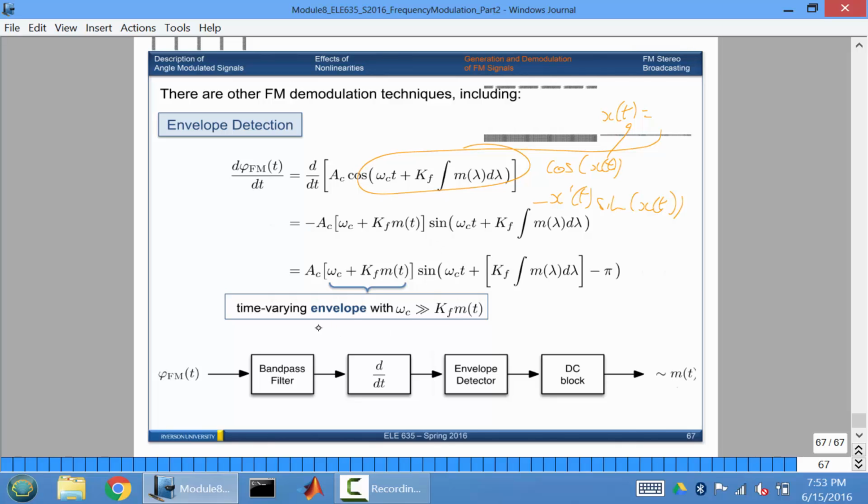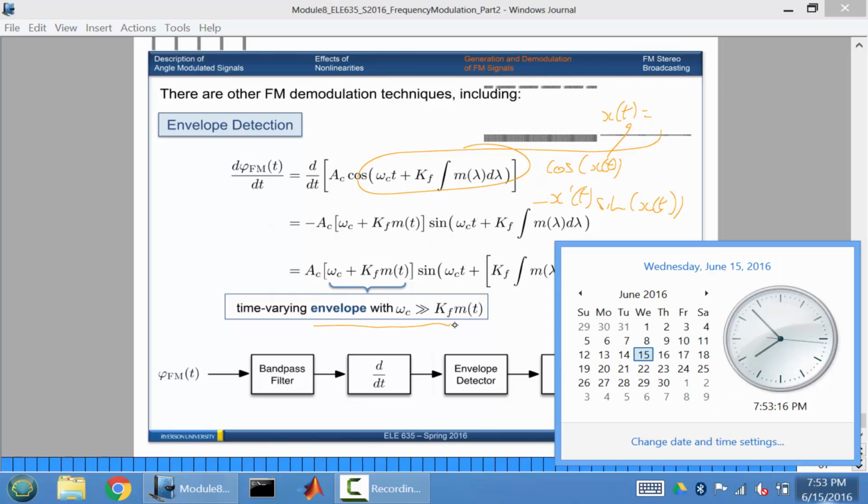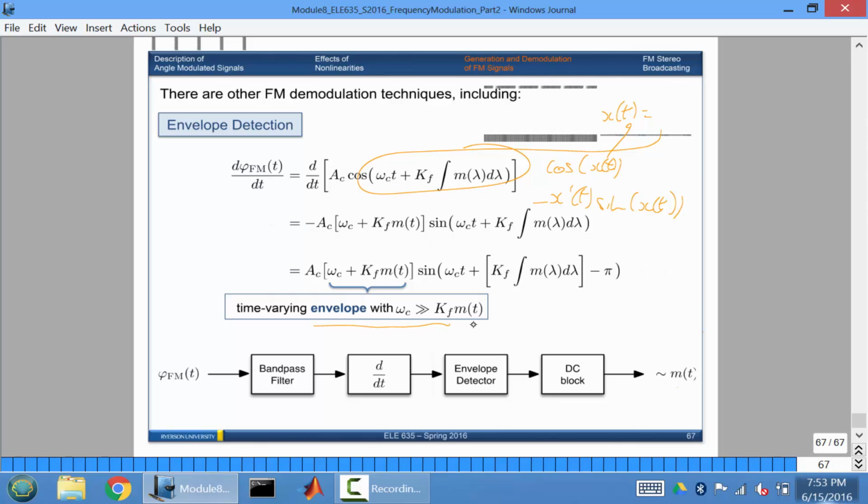And then this is an envelope where the carrier frequency is going to be bigger than the magnitude of your message. So put a bandpass filter first to make sure that you're isolating everything. Take the derivative and then do an envelope detector and do a DC block. So what you're doing is getting rid of this guy here, and then you're just left with the message signal itself, which is multiplied by some gain. And that's it.